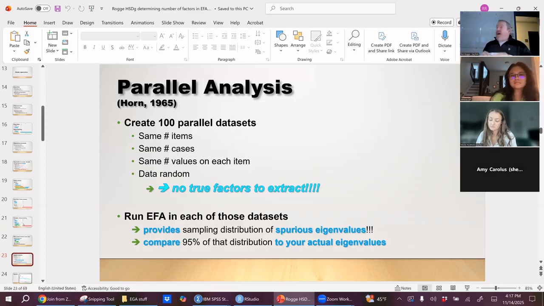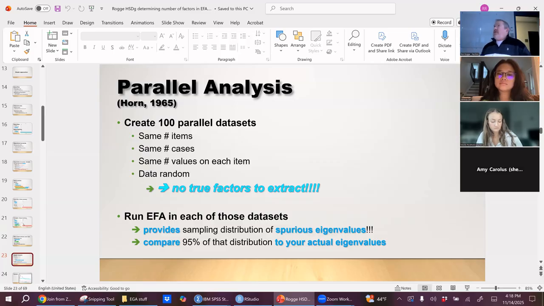So you make 100 parallel data sets that has the exact same numbers of those things, but they're purely random. There should be no factors in there. All of them should be uncorrelated with each other. So if you're doing a 44 item analysis, you create 100 data sets with 44 items. And if your real sample has 400 people, then all of those 100 data sets would have 400 people. Does it make sense to everybody?